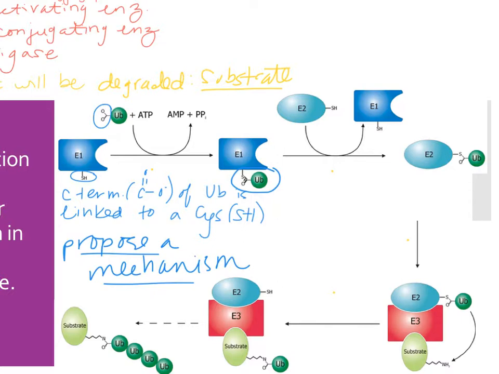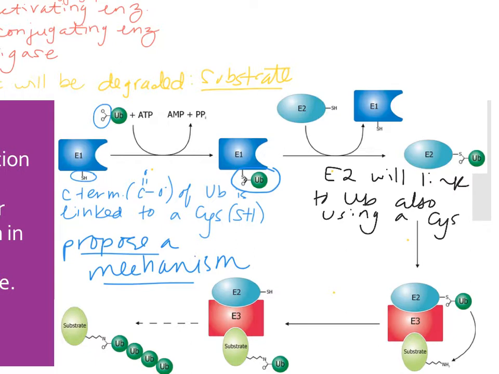And then the second step is to basically swap places. So the E2 will link to ubiquitin, also using a cysteine residue. And then E1 is released.